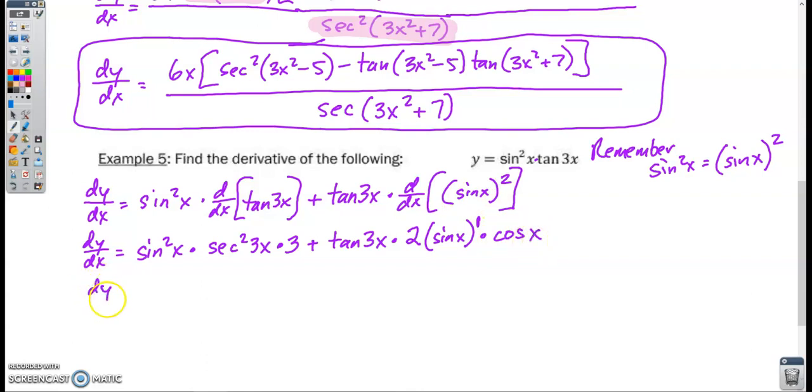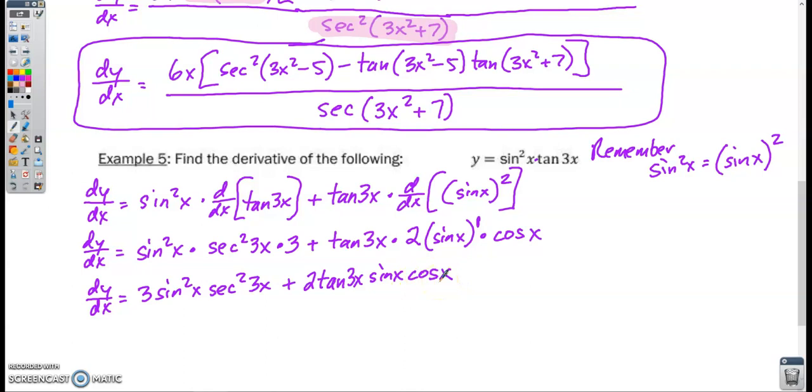And so let's see what we got here. We've got 3 sine squared of x secant squared of 3x plus tangent, sorry, kind of drifted off there for a moment. My brain shut off for just a split second. Plus 2 tangent of 3x sine of x cosine of x.